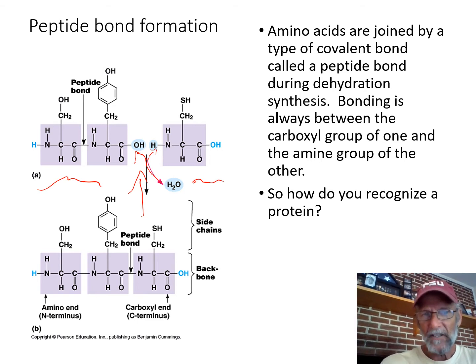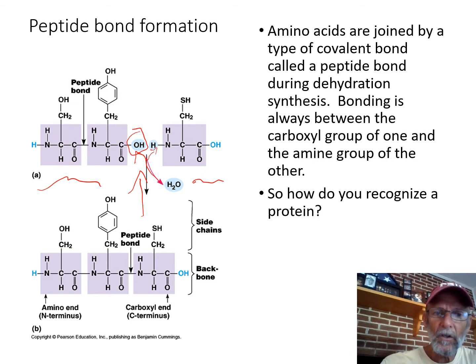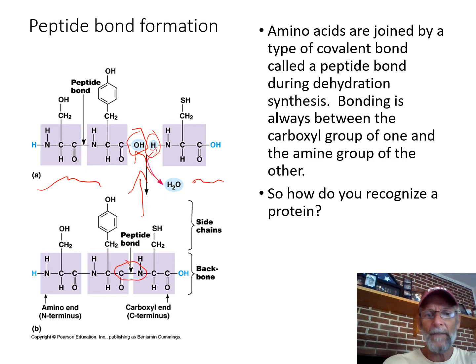For amino acids being attached to each other, notice that the water always comes from the carboxyl OH coming off, and one of the H's of an amine, and that's where the carboxyl carbon is going to join to an amine nitrogen. And for no especially good reason, somebody decided to give that kind of covalent bond, because that's what it is, 2 electrons being shared there, symbolized by a solid line, a special name of peptide bond.